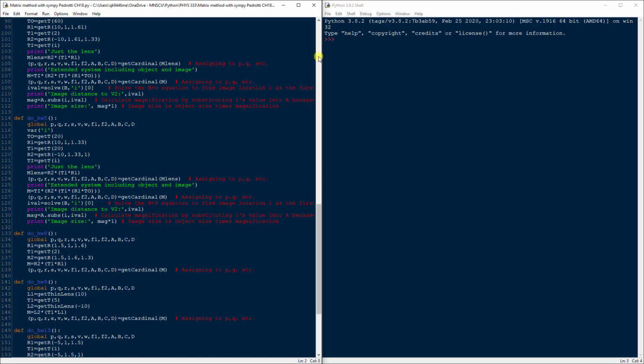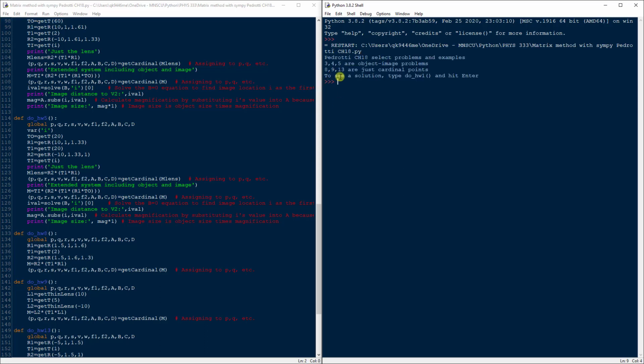So here's what I do. I run this program and just run the module. It's running the import of symbolic pi. This says chapter 18, select problems, and these are questions on cardinal points. To see a solution, type something like HW8. Now we have everything, and we can also try the refractive surface.